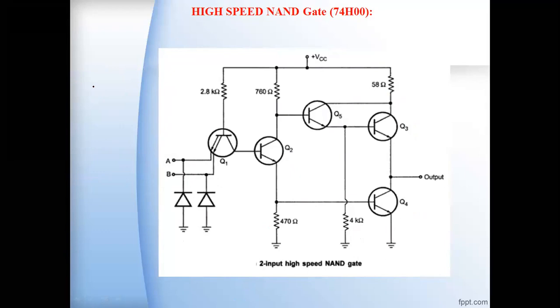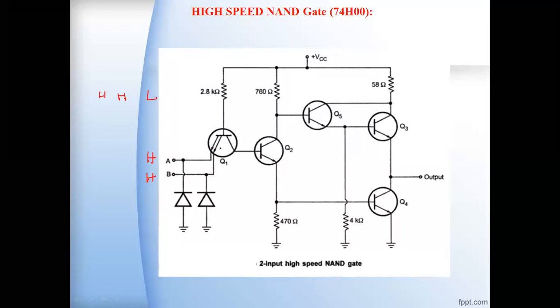The NAND gate has a logic low output state only when all the inputs are at the logic high state. If the inputs are at logic high, it has an output of logic low. So now consider this case. Let the inputs be at the logic high state here.